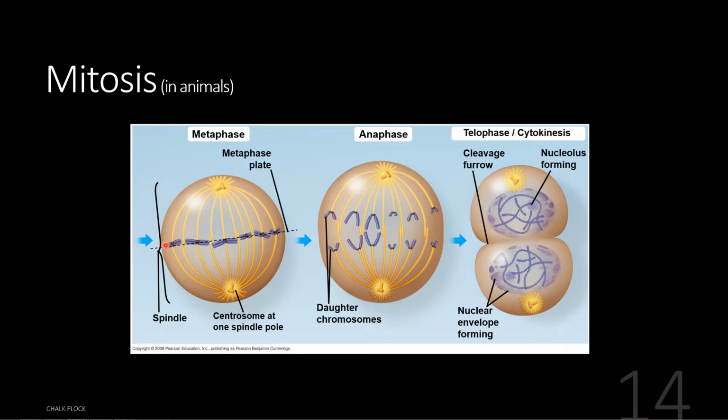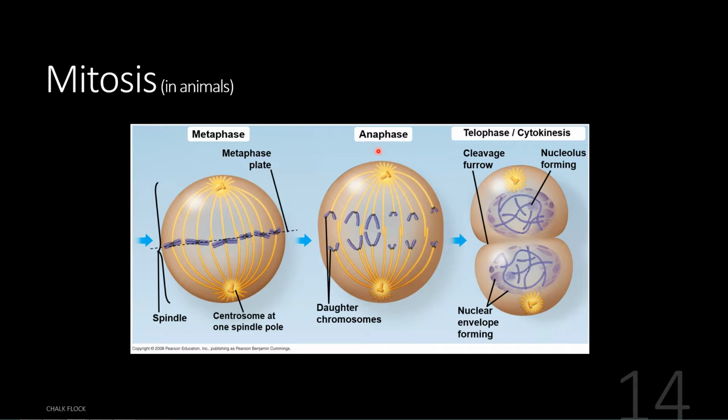And they really do line up in a pretty straight line. And at this point, these asters have moved to opposite poles of the cell. And you can see all the microtubules stuck to the centromeres.